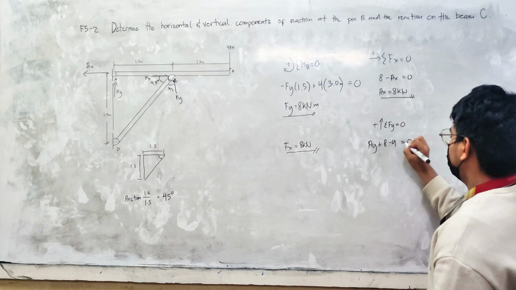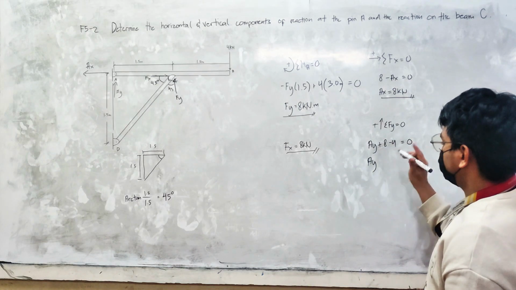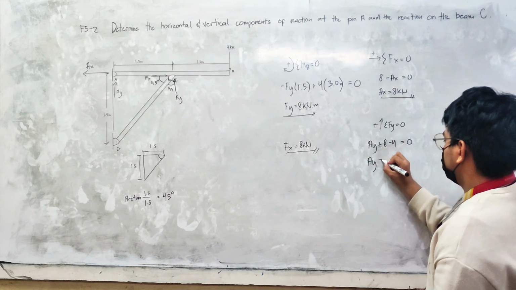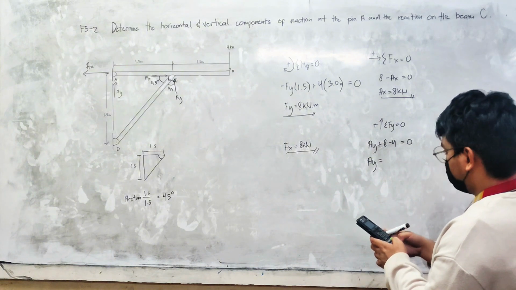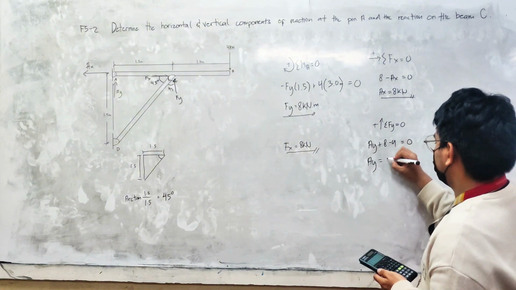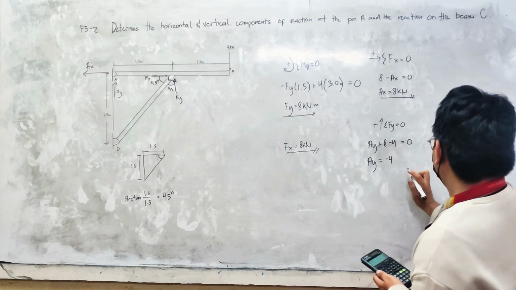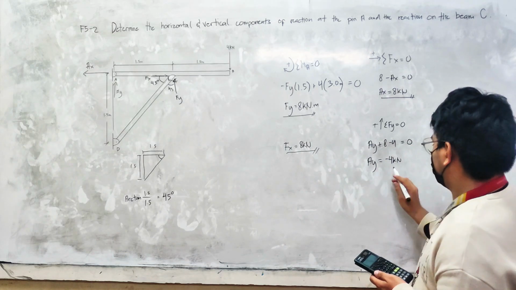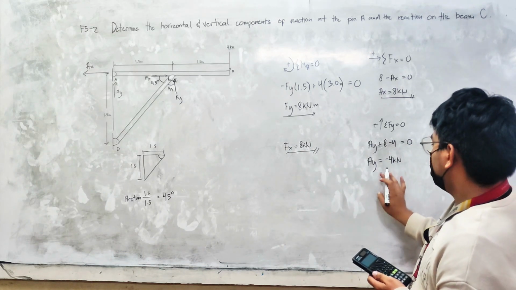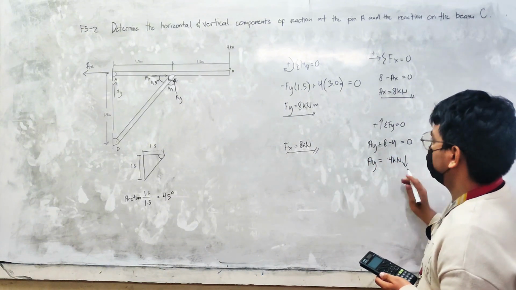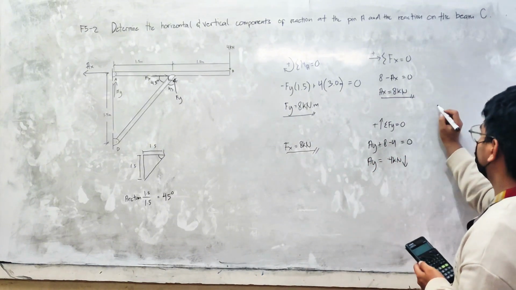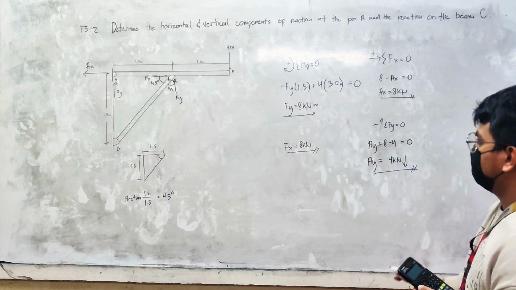Then we have our Ay. So we transpose it. That is equal to negative 8 plus 4 is equal to negative 4 kilonewton. So because it is negative, it is going down.